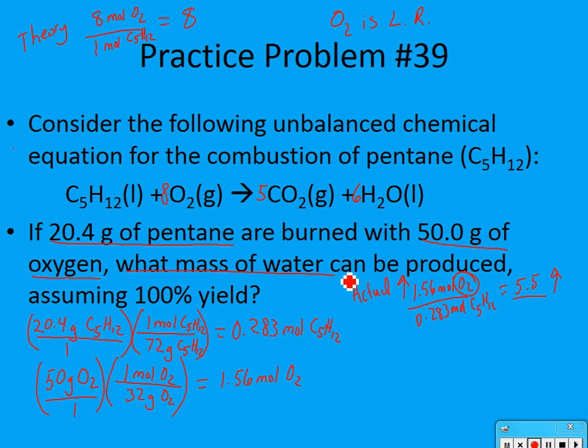So let's figure that out. What would I want to continue the stoichiometry with? Pentane or oxygen? Oxygen. Why? It's limiting. Thank you, guys. So I'm going to continue it here. Put that over 1. Moles of a reactant. I want to go across the road map. So moles of O2 goes on bottom. We're trying to go to moles of water. Where do I get these numbers from?